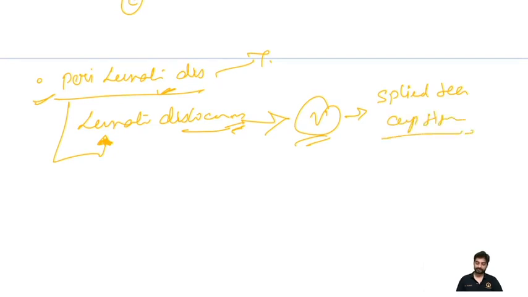Suppose this is the X-ray, there is the capitate, hamate, this is a lateral view, and this lunate is dislocated volarly, so it is placed over that. This is known as the spilled teacup sign. So get the idea of this perilunate and lunate dislocation.